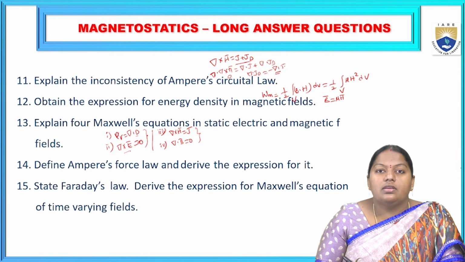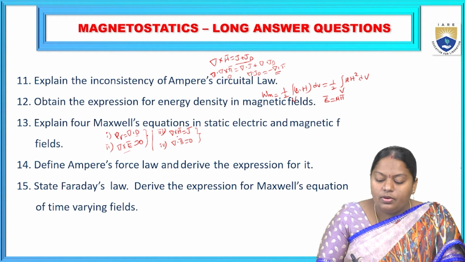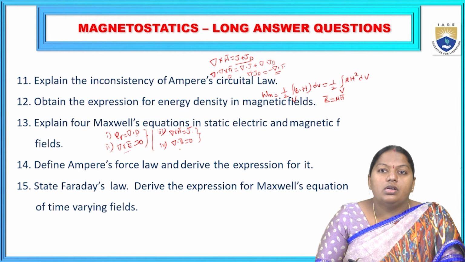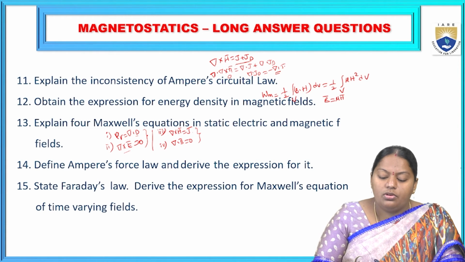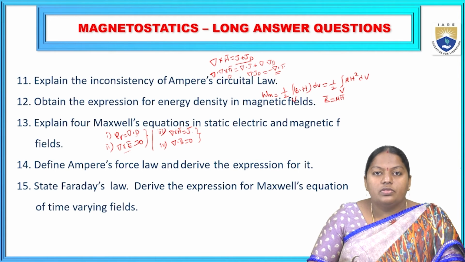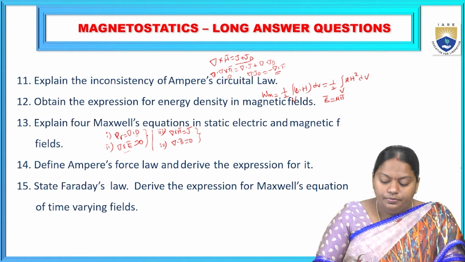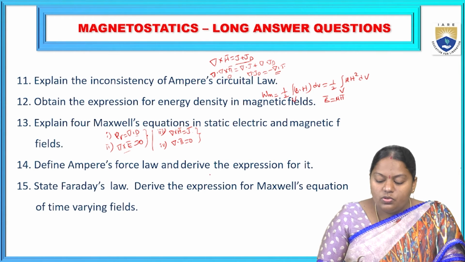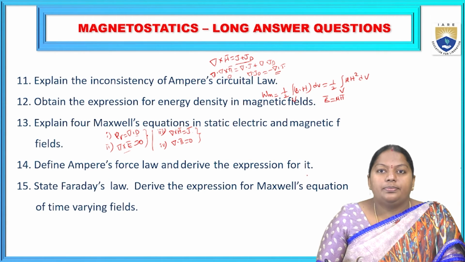And del cross H bar is equal to J, the curl of the magnetic field intensity is the same as the current density J, and here the divergence of magnetic flux density is equal to 0. These are the four Maxwell's equations which have to be derived in the case of static electric as well as magnetic fields. Next, define Ampere's force law and derive the expression for it.